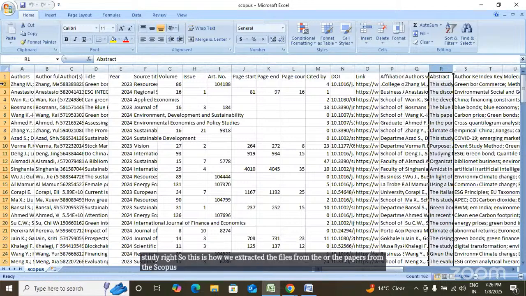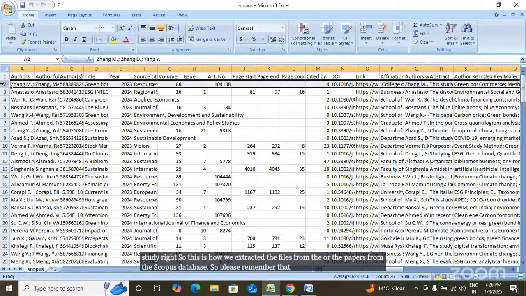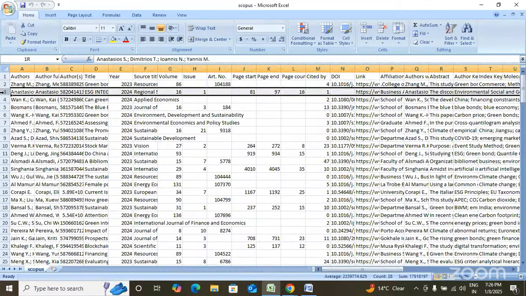So please remember that each row is representing one paper's information. Each row is representing the total information about one paper, right?